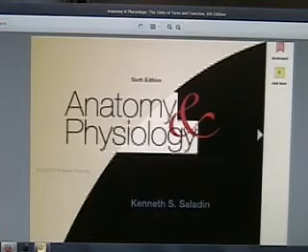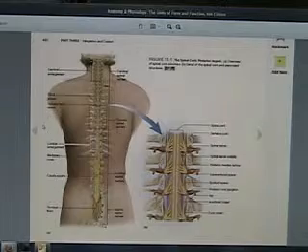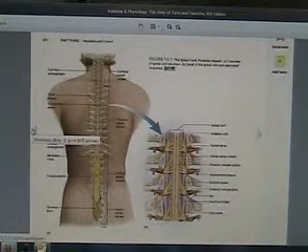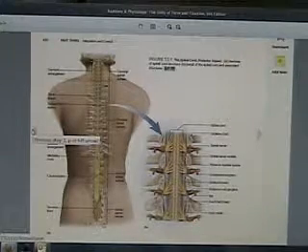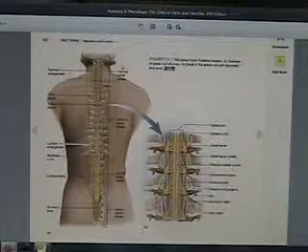So without further ado, let's get on with Chapter 13, Spinal Cord and Reflexes, and I believe it's around page 480 or so. Okay. So that's what we're going to be talking about, and this is figure 13.1 on page 480. If you notice here, this is of course the spinal cord.